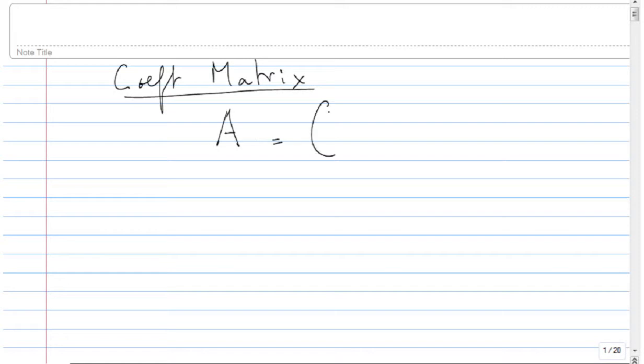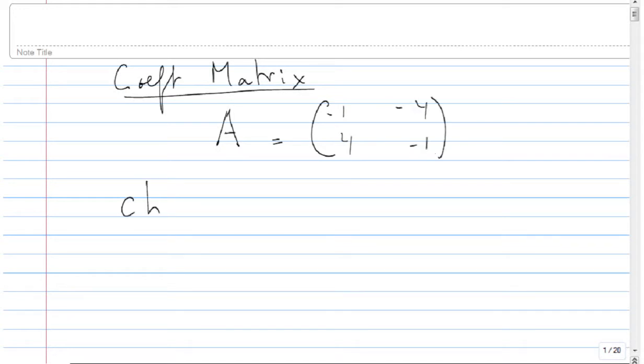For this problem, first let us write the coefficient matrix, which is given in the problem to start with. The coefficient matrix A equals minus 1, 4, minus 4, minus 1.